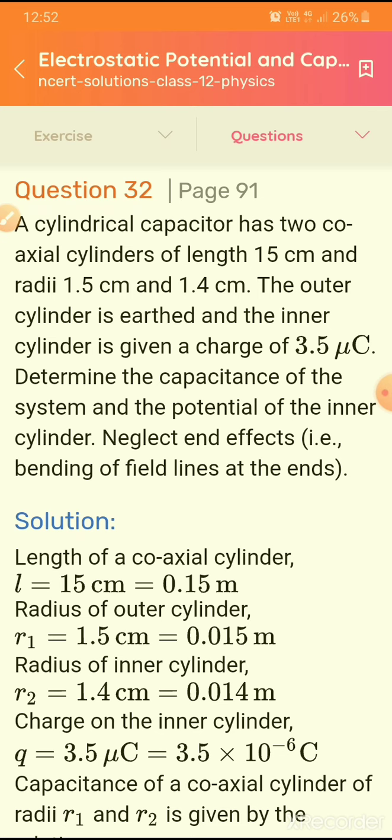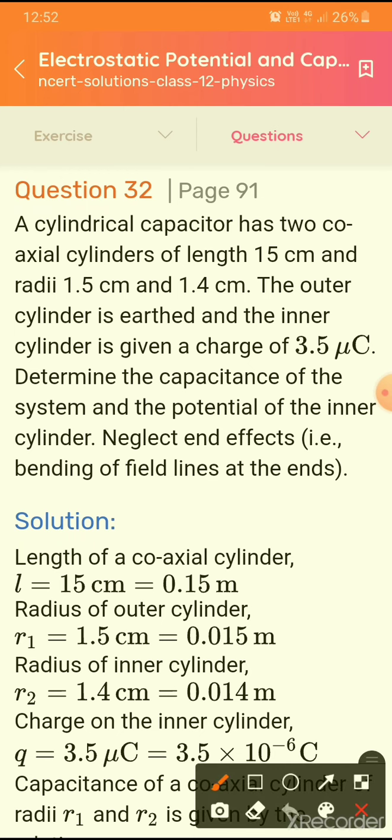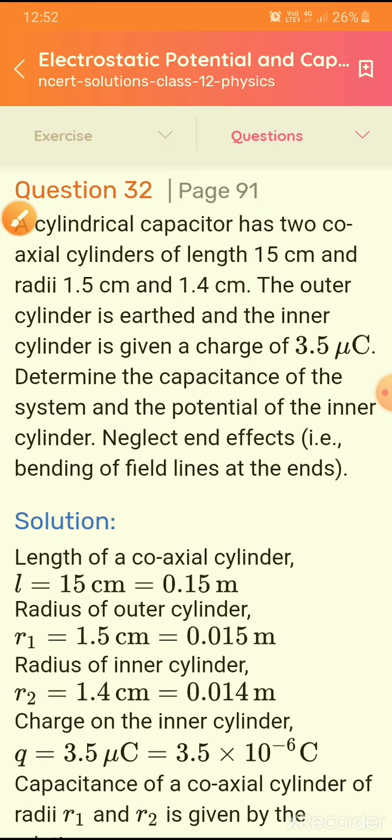The outer cylinder is earthed, and the inner cylinder is given a charge of 3.5 microcoulombs. Determine the capacitance of the system and the potential of the inner cylinder. Neglect the bending of field lines at the ends.